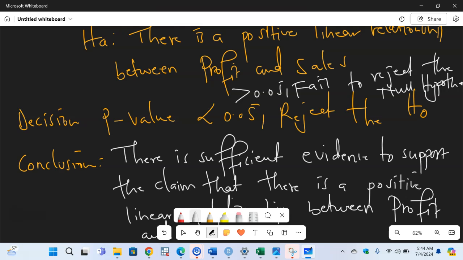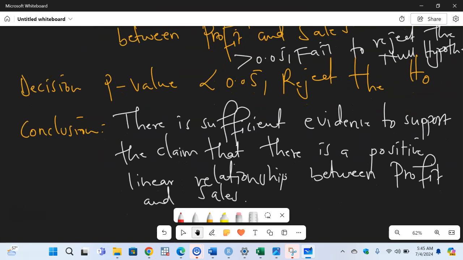So you don't accept really the alternative hypothesis, but you fail to reject the null. That means you don't have enough evidence to reject, so you can't reject. You say you fail to reject. These are the words you need to use in statistics. If you don't, then you'll be communicating your own language.